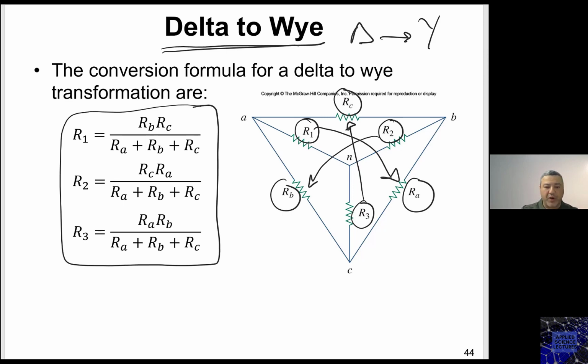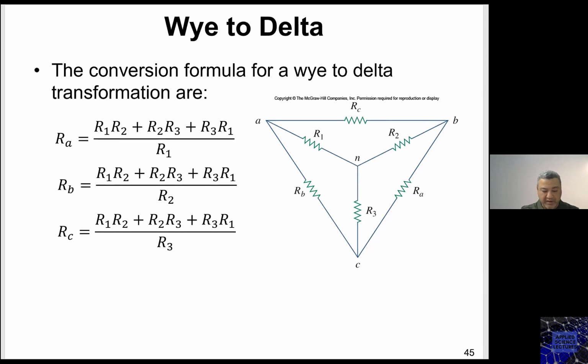Now, what about the Y to delta? Let's assume that your original circuit is a Y topology, a Y configuration, and you want to go to the delta. How do you do this? Y to delta.